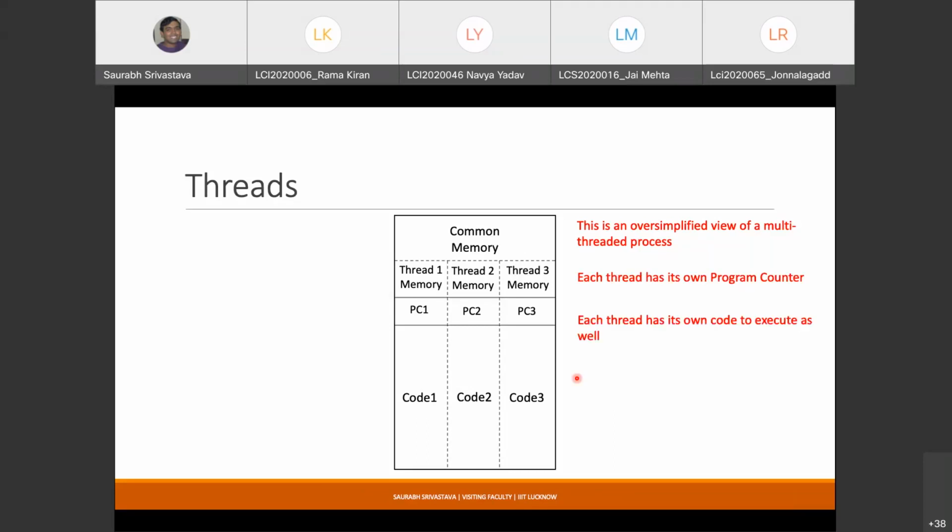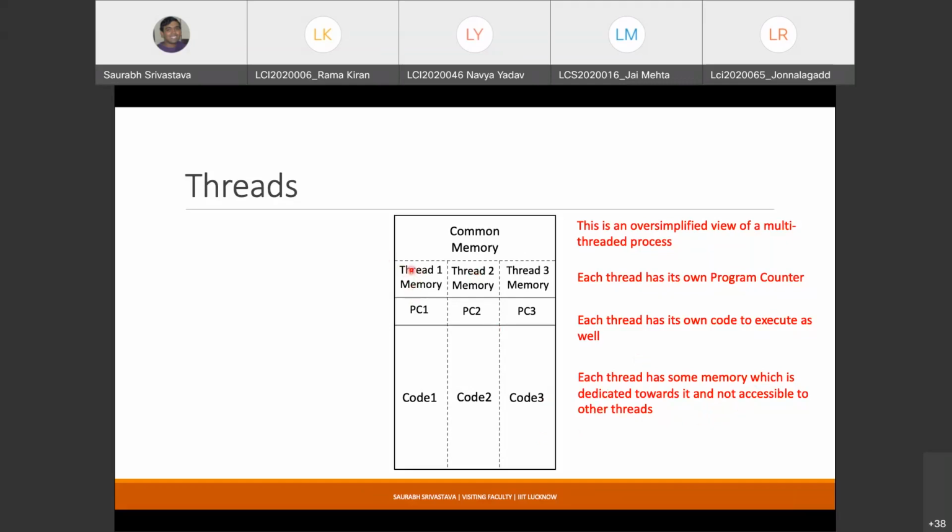Okay, so if this part is clear, we have already talked about it: each thread has its own program counter, each thread has its own code to execute, and by the way, these are all called threads of execution. And each thread has some memory which is dedicated to it and not accessible to other threads.